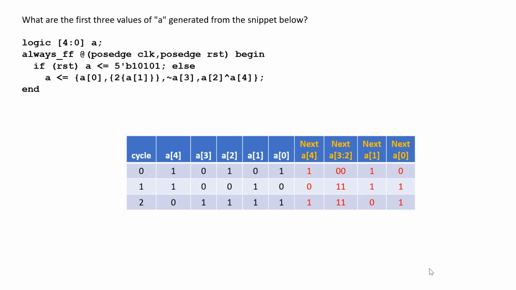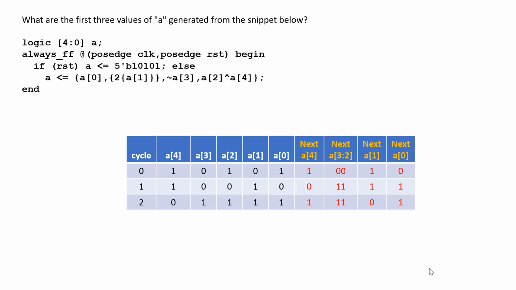This is another one of these kind of clocked logic. In this case, A is a 5-bit signal. It resets at 10101. Now in this case, I broke it into individual bits. So the current state is 10101.